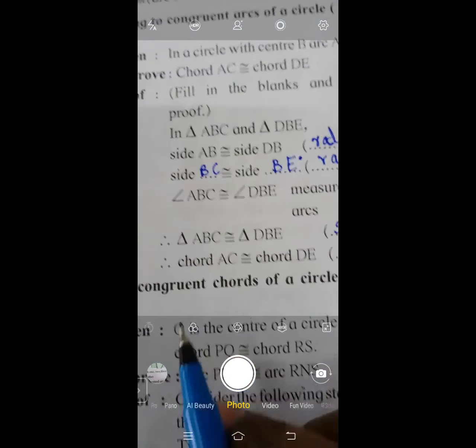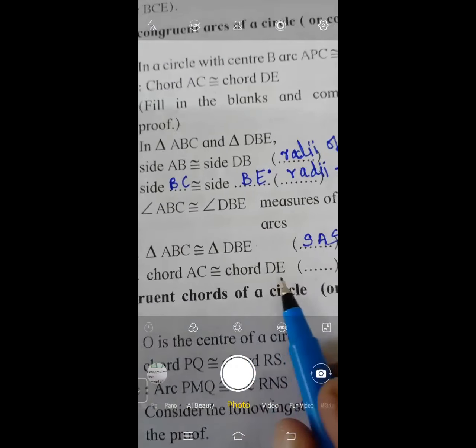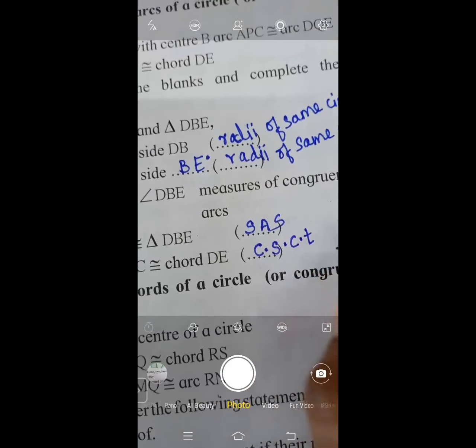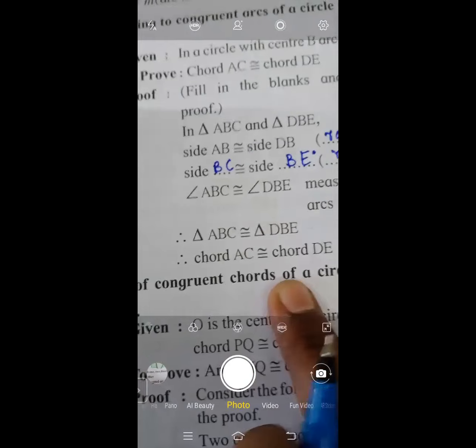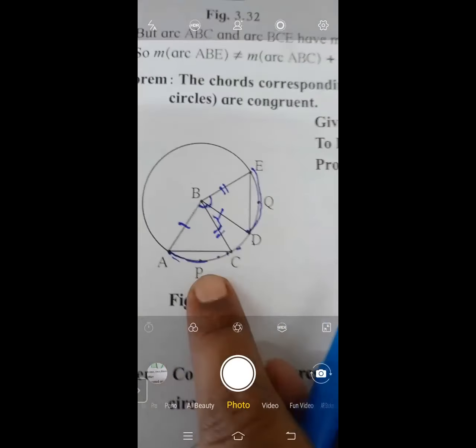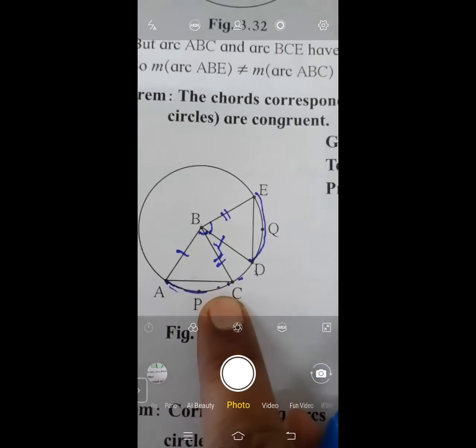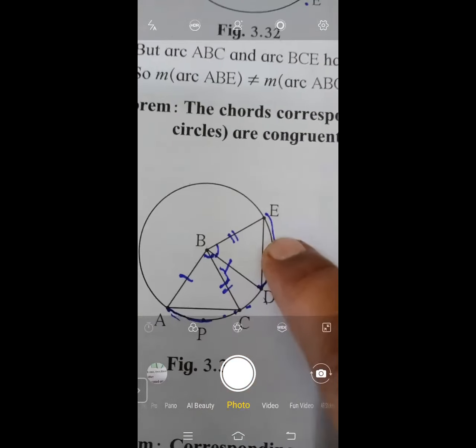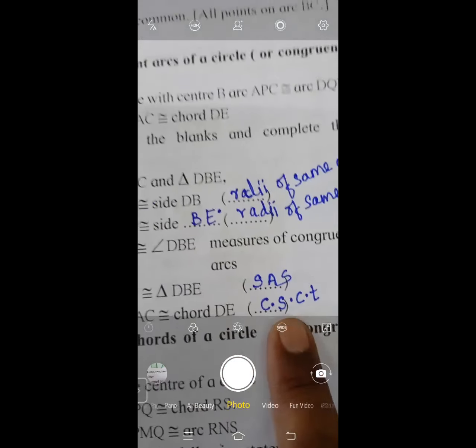So therefore the chord AC is congruent to chord DE, as these are corresponding sides of congruent triangles. The leftover side which we wanted to prove, which are the chords of the circle but also the sides of the triangles, also become congruent by corresponding sides of congruent triangles.